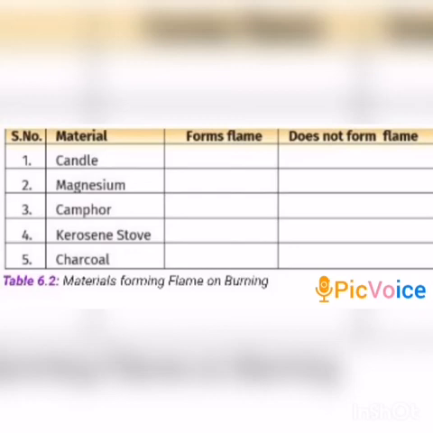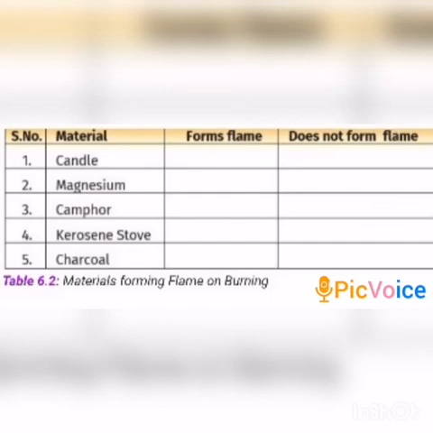Look at the table, children. What are the materials given? Candle, magnesium, camphor, kerosene stove, then charcoal. Look at these materials and find out which of them form flame on burning and which do not form flame on burning.